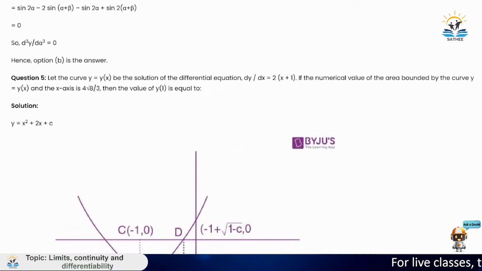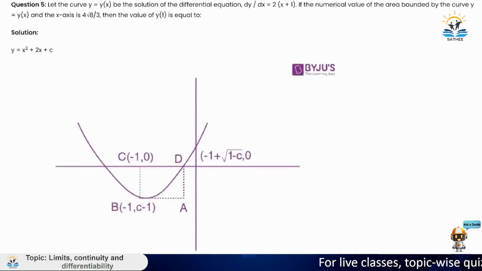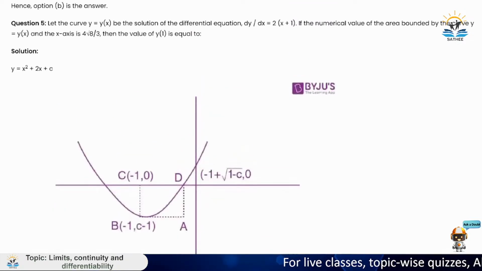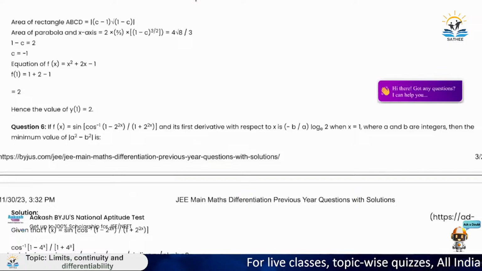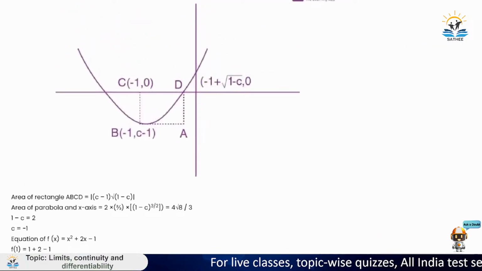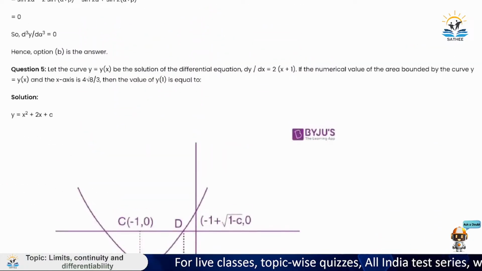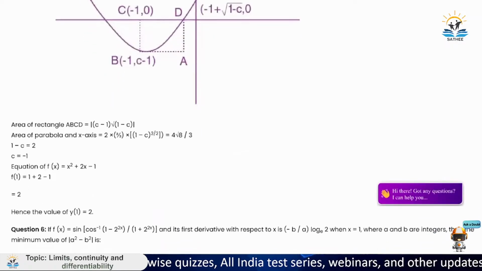The value of y(1) is equal to? Okay, so what we can see here is the numerical value of the area bounded by the curve y = y(x) and the x-axis is 4√3.